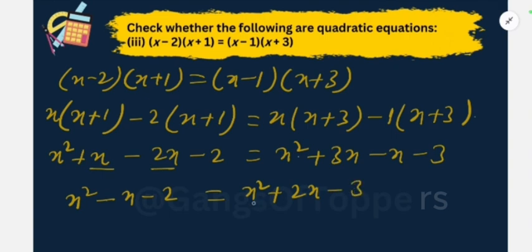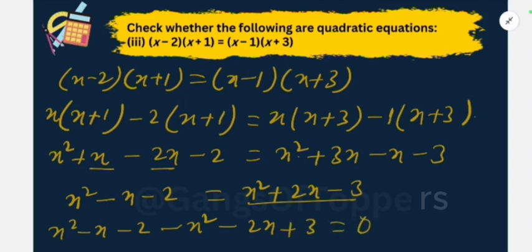Now shift the right side component to the left side. It becomes x square minus x minus 2 minus x square minus 2x plus 3 equals to 0. Here plus x square and minus x square will cancel, and this simplifies to minus 3x plus 1 equals to 0.